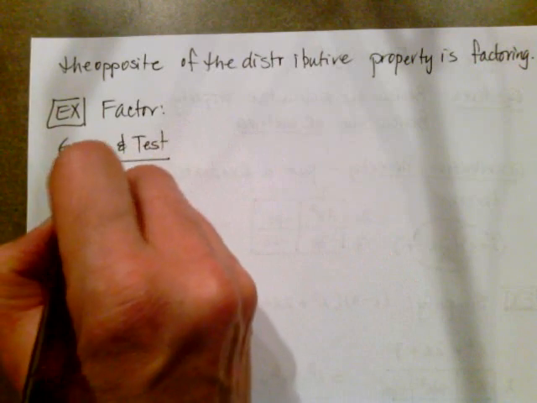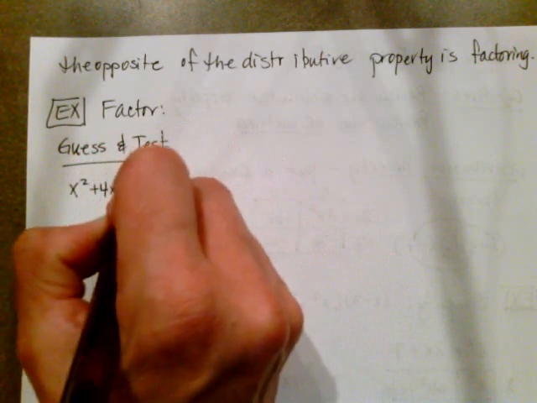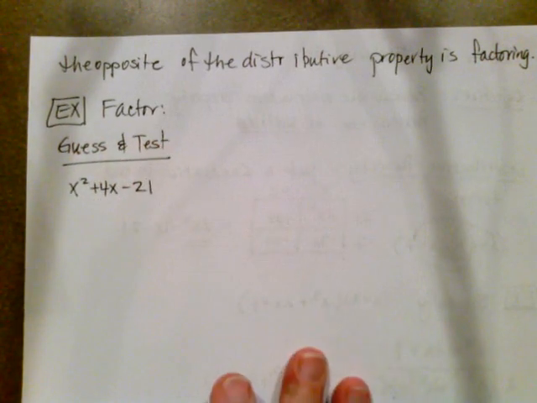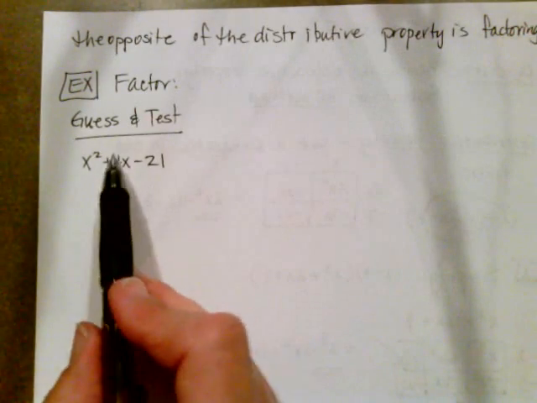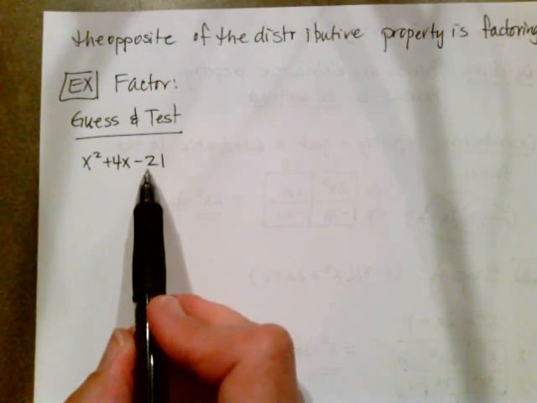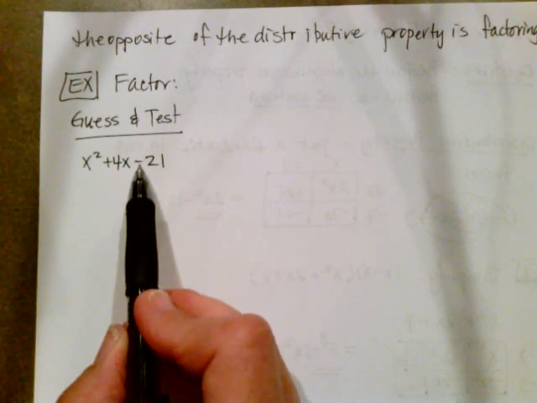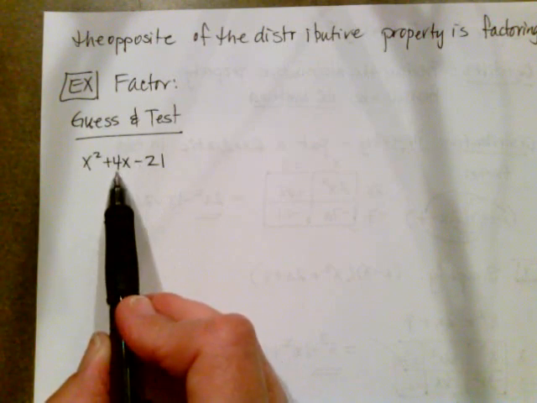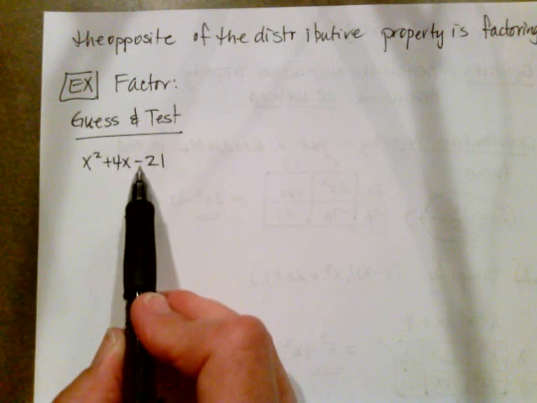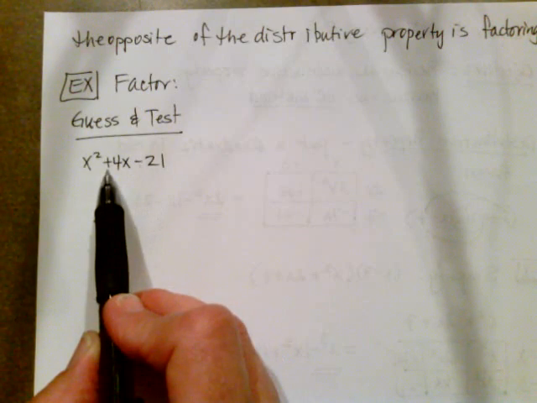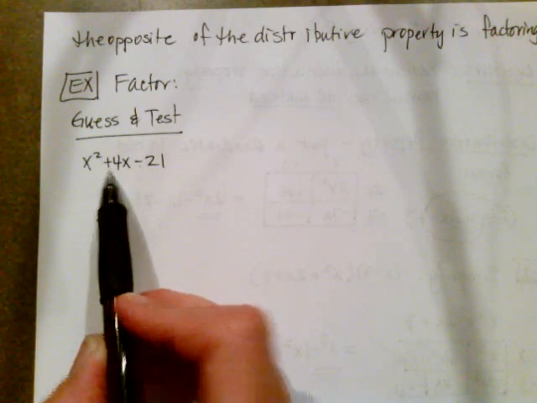And if I have x squared plus 4x minus 21, I need to evaluate what I have and see what characteristics I have. I need to find the factors of 21 that are going to subtract to give me 4. This tells me that both signs are going to be different, so I'm going to have one positive, one negative. This plus tells me that the biggest number is going to be positive.